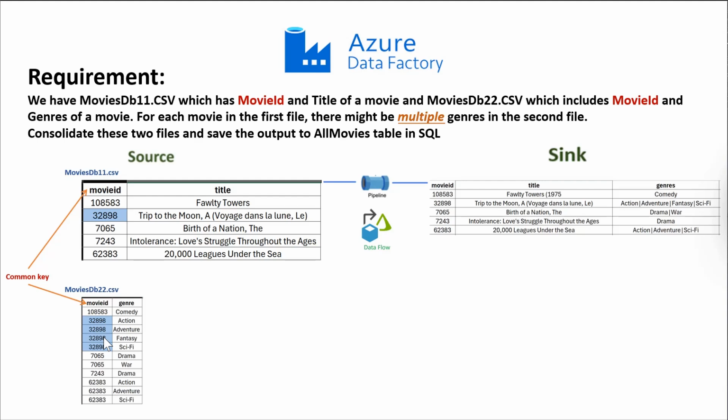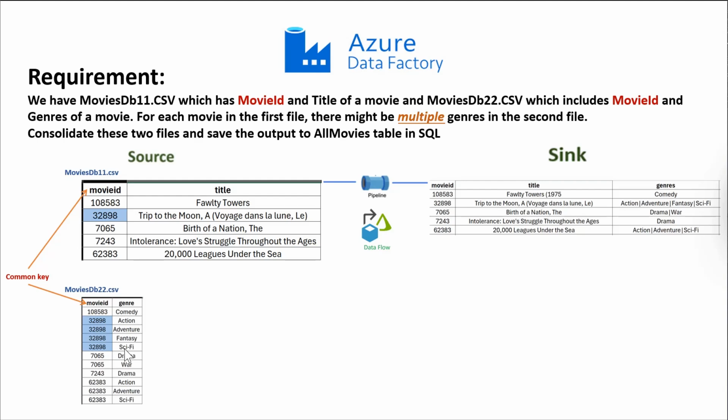But in the second one, we still have the common key, which is movie ID, between the two files. But for one specific movie ID, you might have multiple values in the second file. So for example, one movie can have multiple genres.